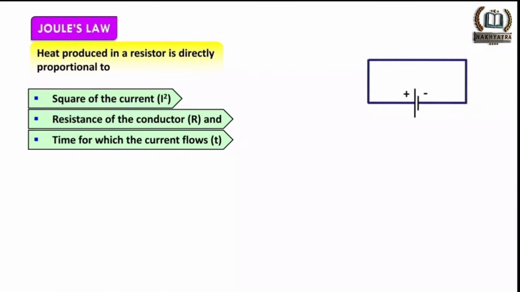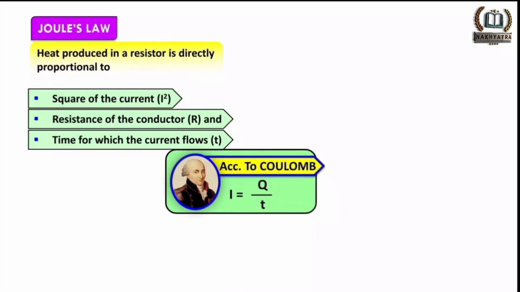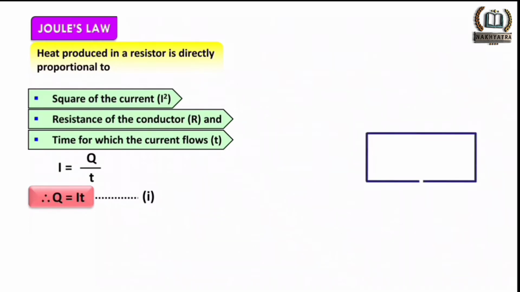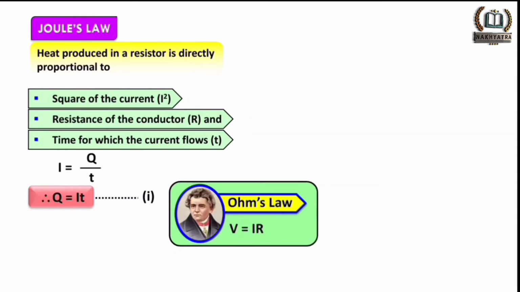So see here, this is the first circuit where current is flowing and the charge is Q in time t. Now, from the definition of current, I equals Q by T. So Q equals I into T, mark it as equation 1. Now see the second circuit, the current I is flowing, the resistance is R, and the potential difference is V. According to Ohm's law, V equals IR, mark it as equation 2.